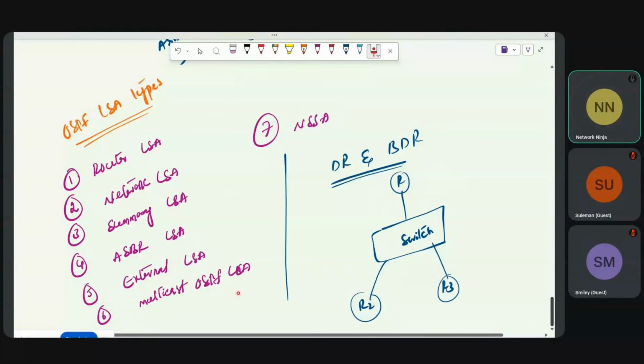In the absence of the DR, if the DR goes down, the BDR becomes the DR. And these elections are not preemptive. So this is the quick overview of OSPF.